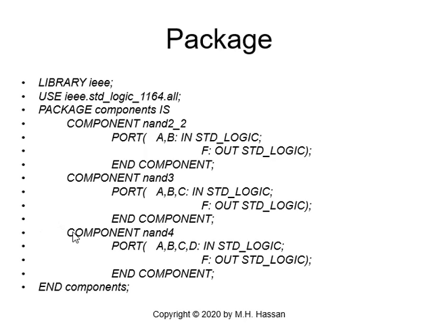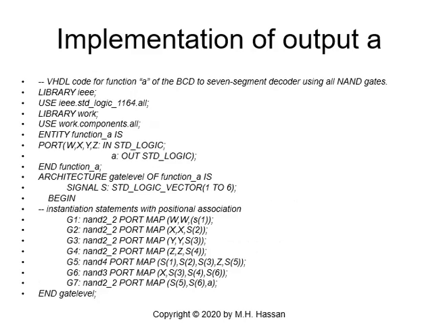Then I compile it, and once you compile it, you can instantiate these components. It means you can pull them up and use them like subroutines saved in memory forever. For the library callback, I would say library IEEE, use IEEE standard logic 1164.all, library work, use work.components.all.